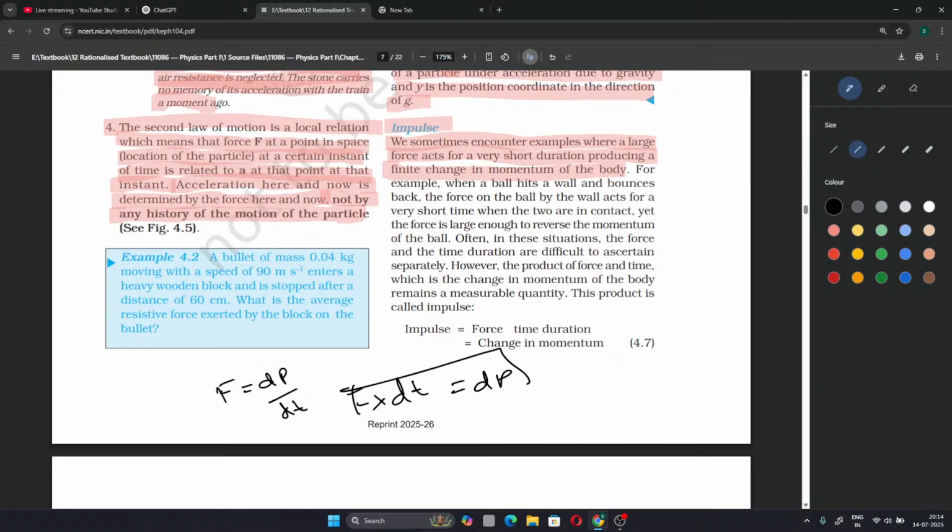And force times dt, which is the force acting for a very short duration, is what we call impulse.